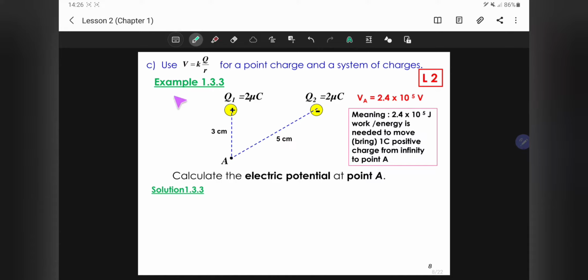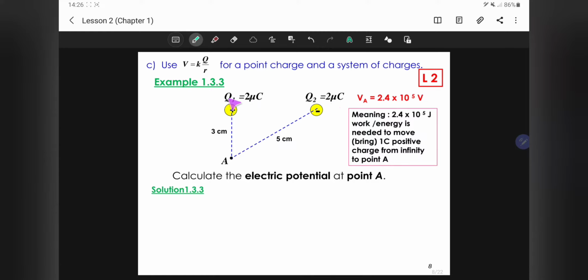Now please refer to example 1.3.3. We are given two different charges, Q1 and Q2, whose magnitudes are positive 2 microcoulomb and negative 2 microcoulomb. Remember, micro should be 10 to the power of negative 6.